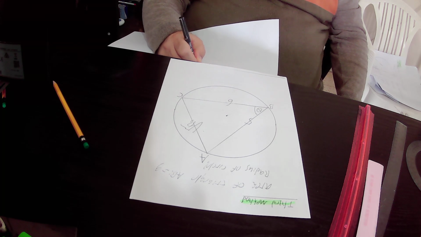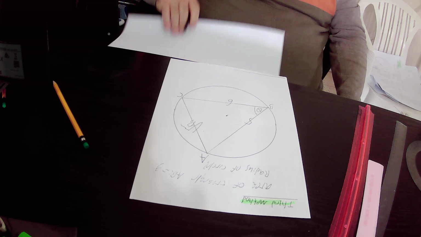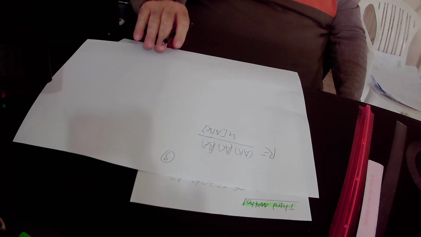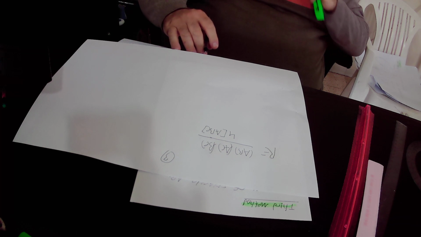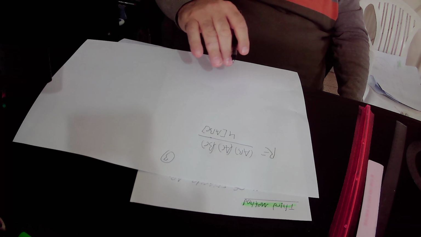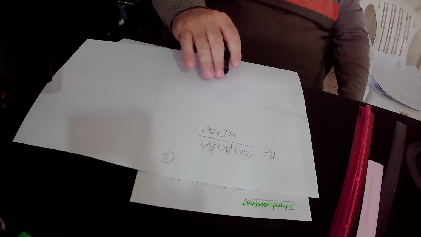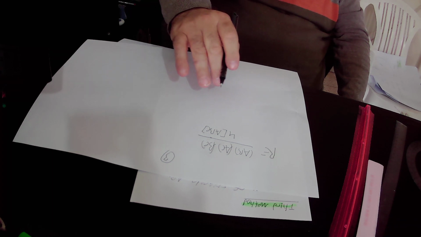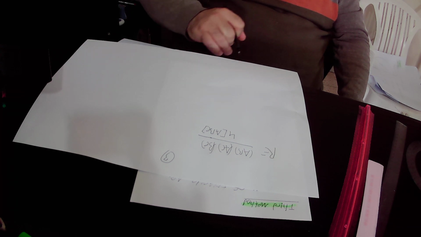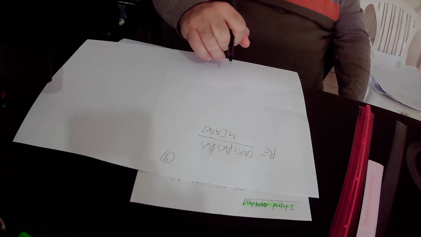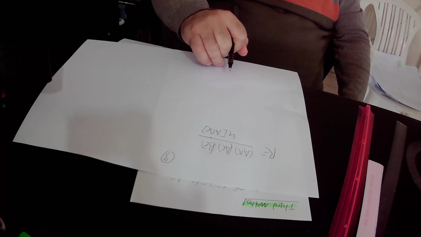So the new formula is that the radius of the circle that circumscribes the triangle is equal to the multiplication of all the sides of the triangle that is inscribed in the circle, over 4 times the area of the same triangle.